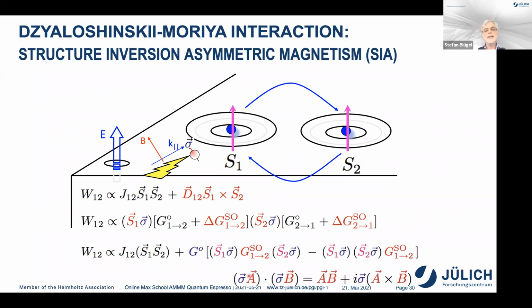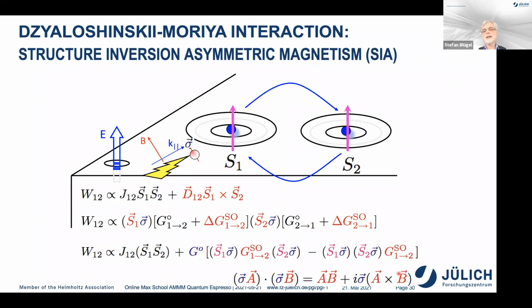I remind you of the rules of Pauli matrices. So sigma times A and sigma times B gives you A·B and sigma·(A cross B). And if you put that in, you see you get this term here. But this looks like this term.